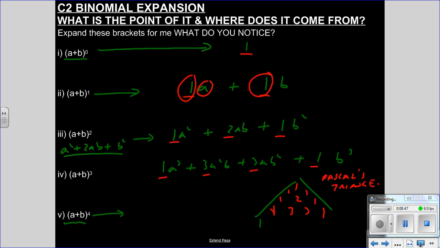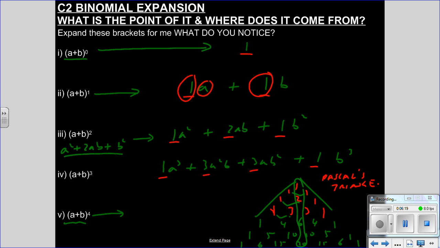Every time, you can see that this number plus this number, whatever falls in the middle gives you the next number. 1 and 2, whatever falls in the middle gives you 3. So 4, 6, 4, 1. 1, 5, 10, 10, 5, 1. 1, 6, 15, 20, 15, 6, 1. Do you see? And it's symmetrical, isn't it? It's symmetrical about that halfway number here.